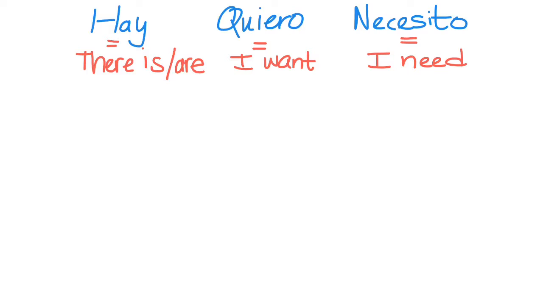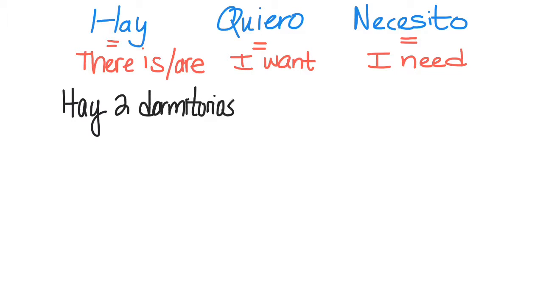For example, in my house, hay dos dormitorios. If you know a different word for bedroom, there are many words for bedroom. There's alcoba, dormitorio, cuarto, habitación. There's about five of them. Any of them are fine.